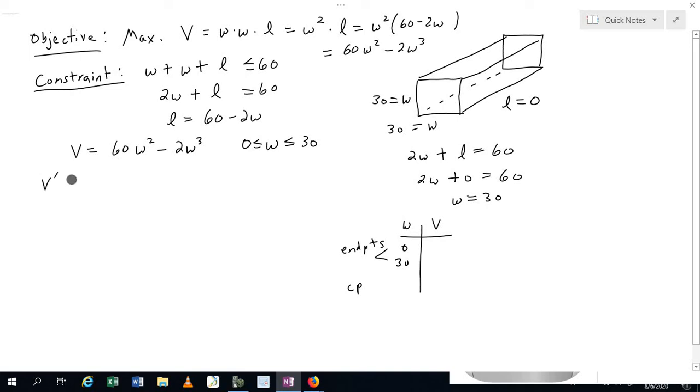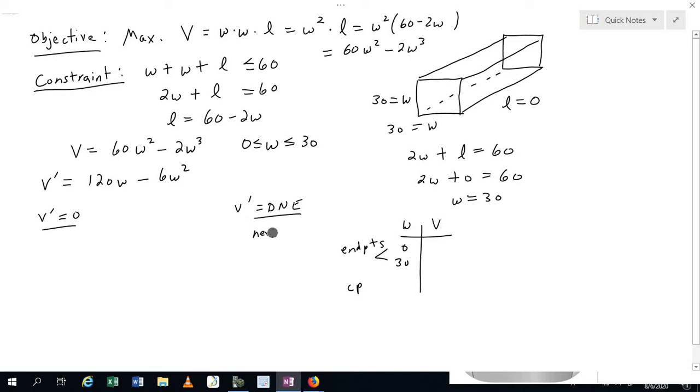All right, so first the derivative. Well, the derivative looks to be 120W minus 6W squared. And then we're going to look at both cases, when it's 0 and when it doesn't exist, because those will give us the critical numbers. And of course, this never happens. I can plug any number in for W, and I'm going to get something out for the derivative.